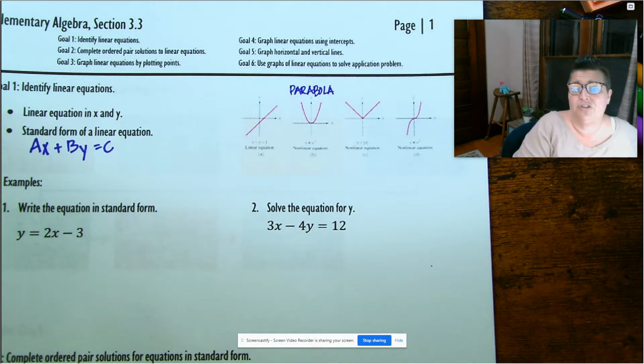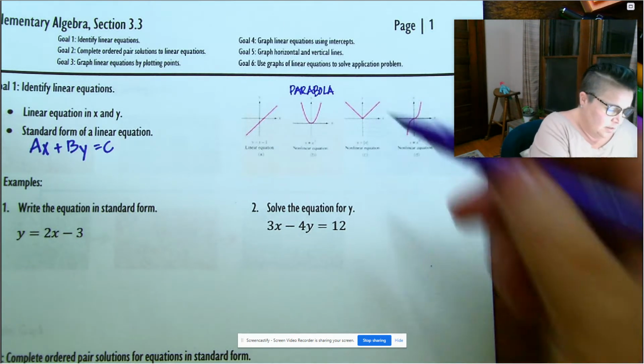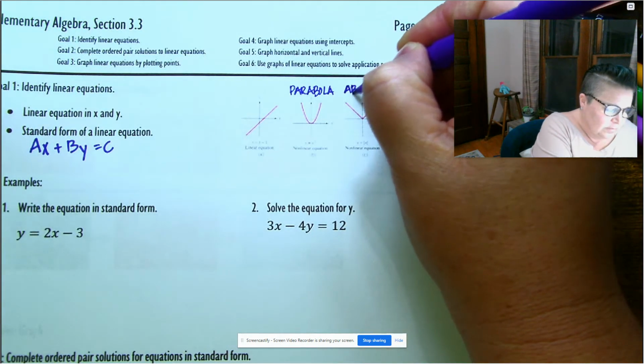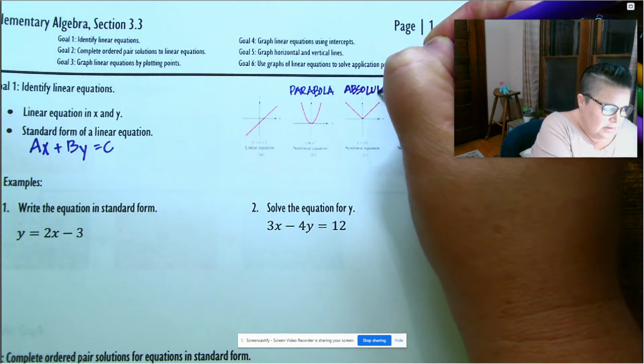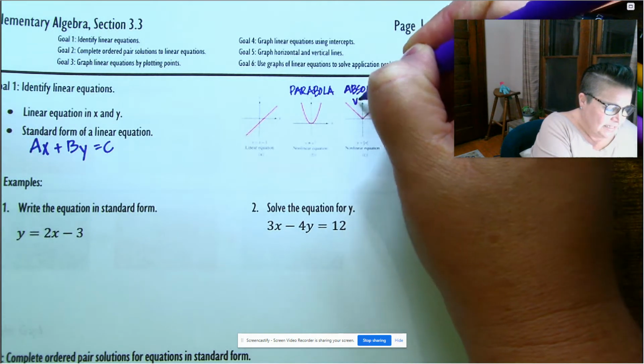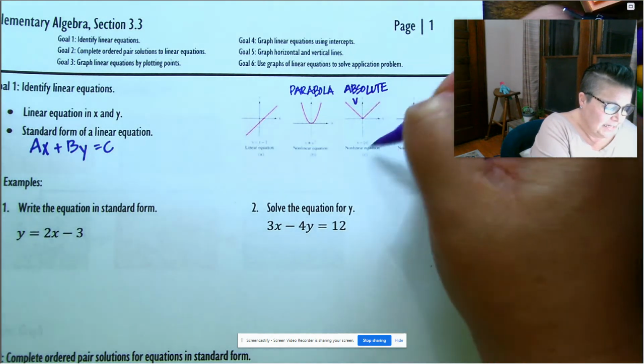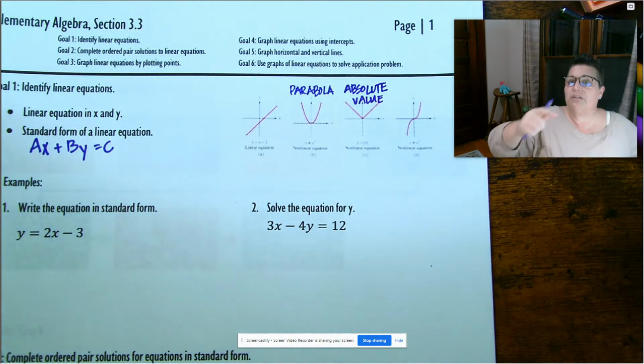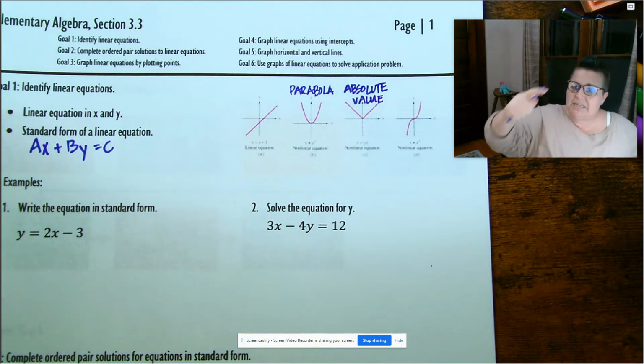So this is not a straight line. The third graph here is the graph of an absolute value. This is also not a straight line. This is not a linear equation. How do I know? Because once again, we change direction. It was coming down and then it flips and goes up, okay?